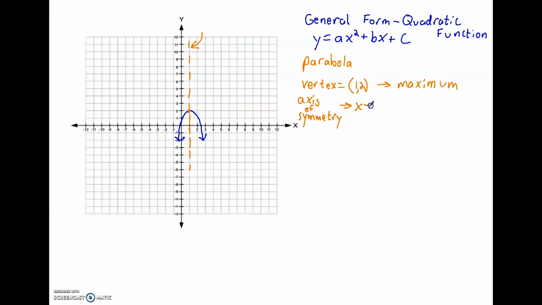And it's going to be the vertical line x equals 1 in this case. Notice that the x value of the vertex is the same as the x value of the axis of symmetry, which makes sense, because the axis of symmetry goes right through the vertex. So again, introducing you to what the vertex is, that it's a maximum here, and that we have this thing called an axis of symmetry.